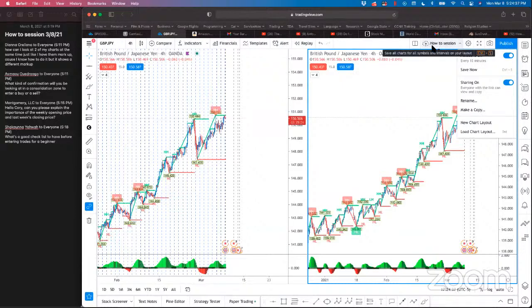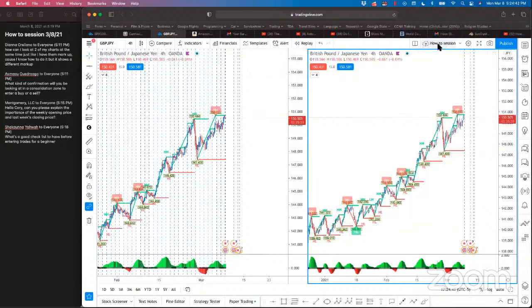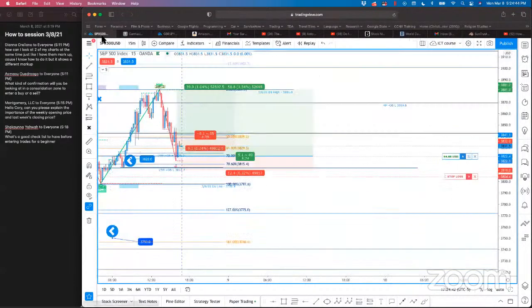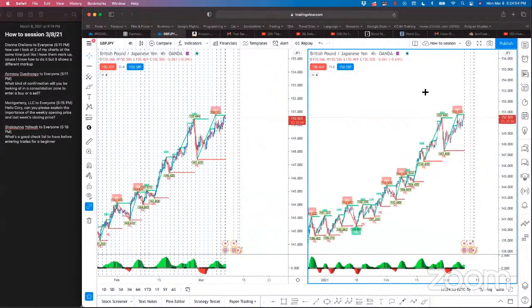The name of this layout is how-to session. This one right here is called ITC course. So everything I do in this layout is inside of this layout. Everything I do inside of the how-to session layout is inside of the how-to session layout.